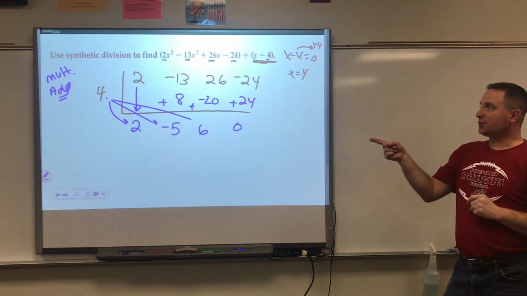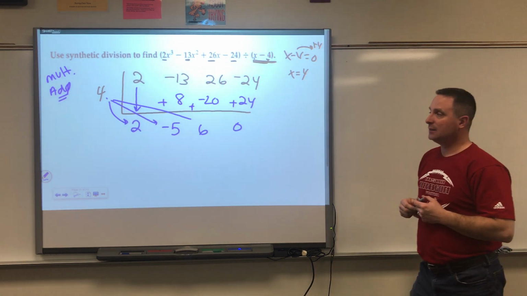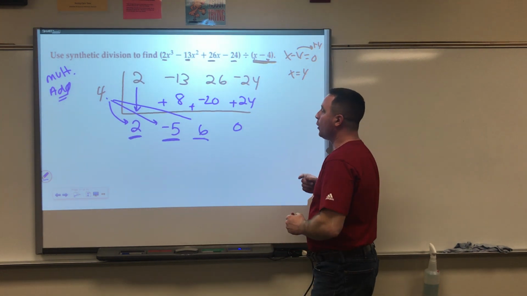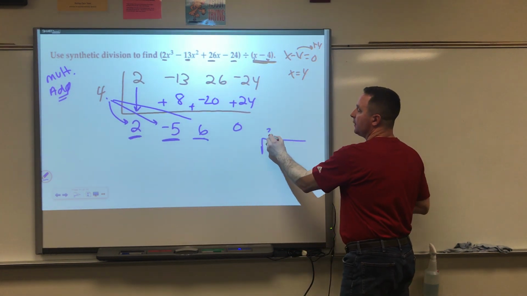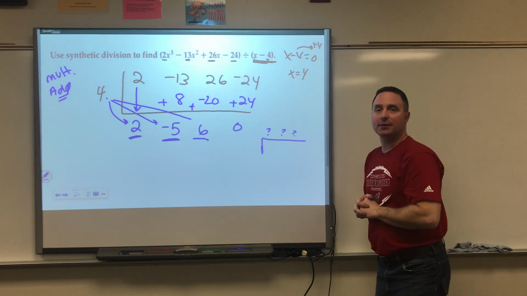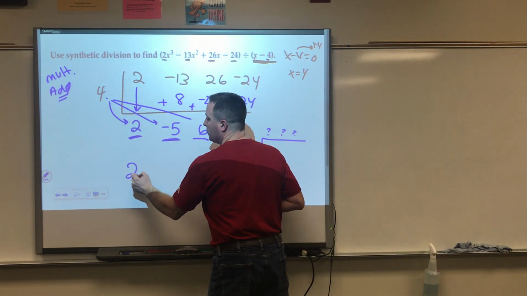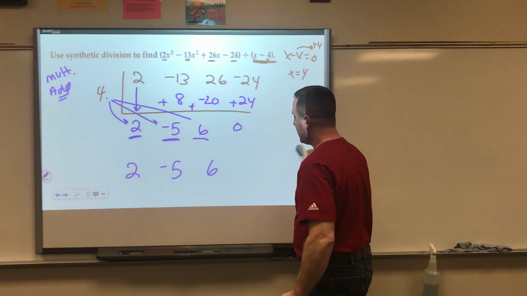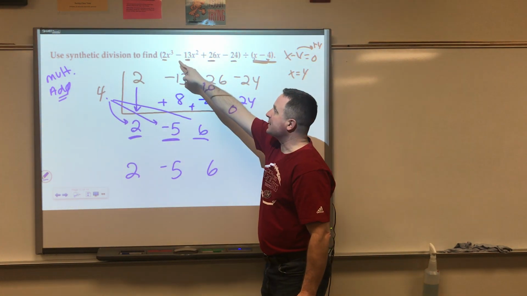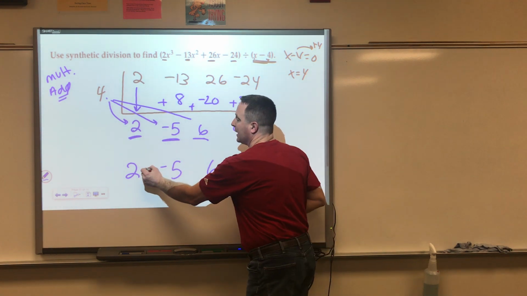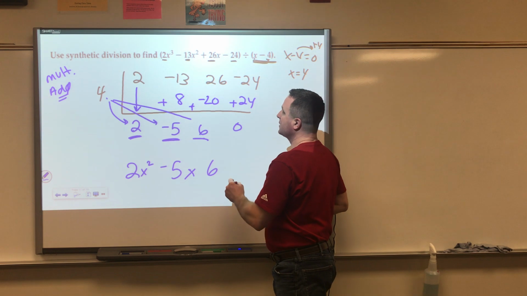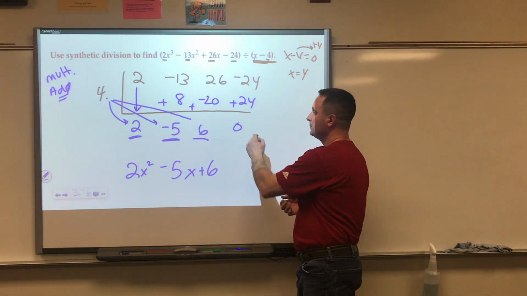So how does this translate back into our answer? These numbers are the coefficients of what I would have up top in long division: a 2, a negative 5, and a 6. It started out as x to the third, so this is one less power: 2x squared minus 5x plus 6.